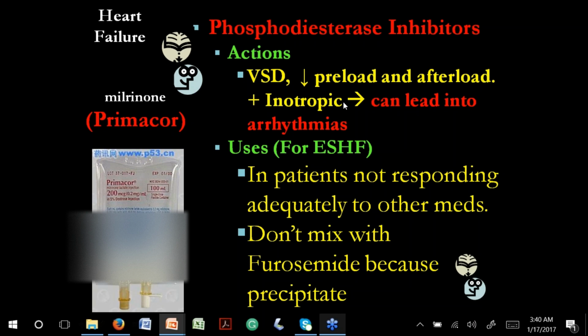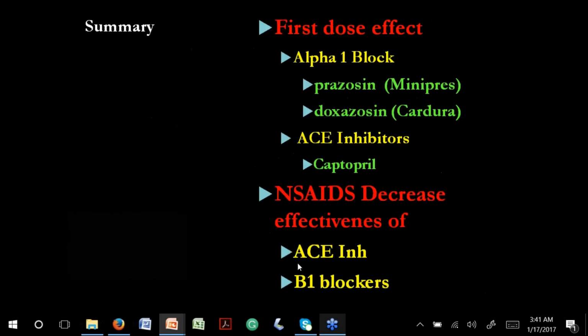The problem with this positive inotropic is that it is going to lead to arrhythmias. It is used for end stage of heart failure. For any patients who are not responding to previous medication, you are going to give the phosphodiesterase inhibitors. We don't mix with furosemide because they can precipitate almost immediately.